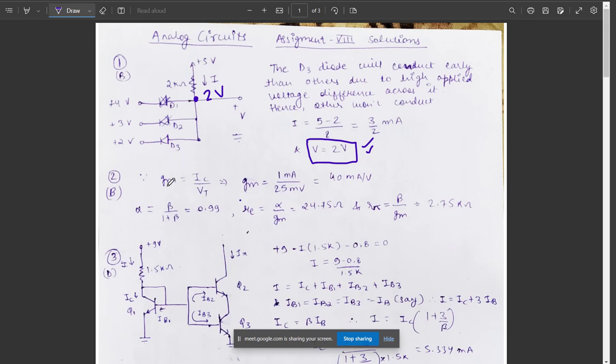So simply we will put the value of IC by VT to find gm. gm will be 1 milliampere divided by 25 millivolts, that is 40 milliampere per volt. For alpha, we'll put beta upon 1 plus beta, which is equal to 0.99. re is equal to alpha by gm, as I told you.